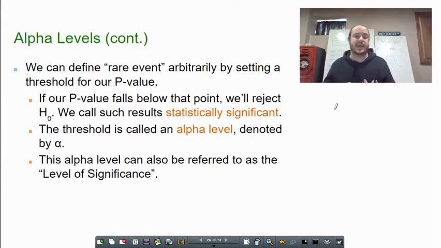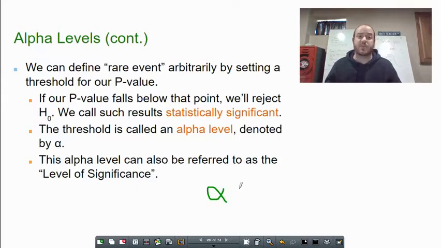It means that, hey, this was so low that we think it's a significant event, so we call it statistically significant. And the threshold that we actually set, the little cutoff number, we'll call that an alpha level. And it's actually going to have a whole bunch of different names, as you'll see in a second. But the alpha level is represented by the Greek letter lowercase alpha. So there's your alpha. That's always the case.